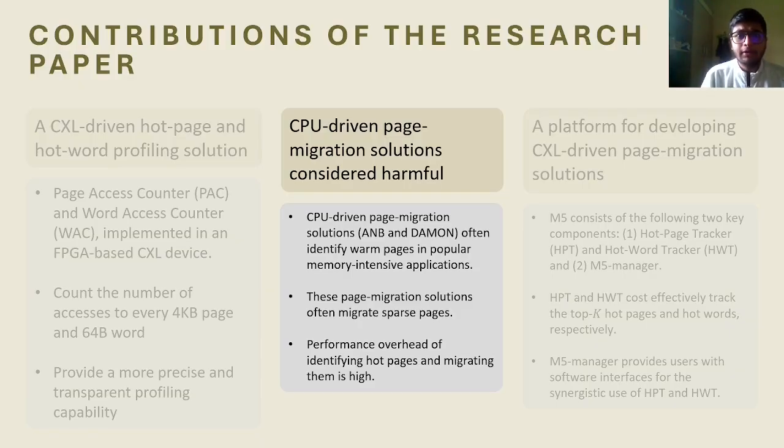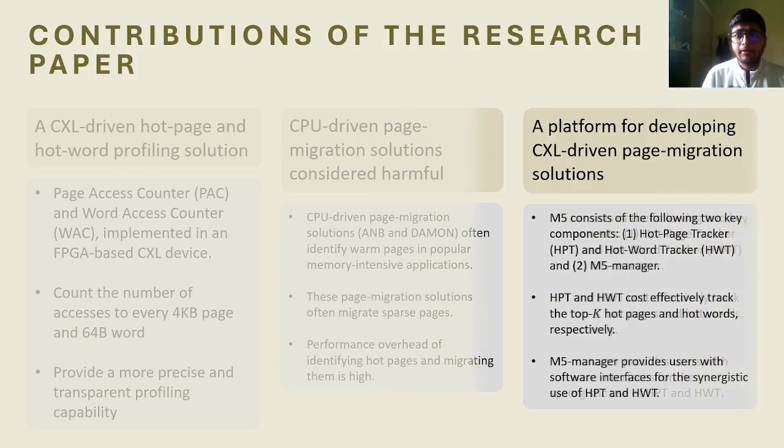Also, the pages identified by these CPU driven profiling solutions are often sparse pages, that is, only 10 or 20% of the words are accessed in these pages. And the performance overhead of migrating these pages is very high, so identifying true hot and dense pages is very necessary.